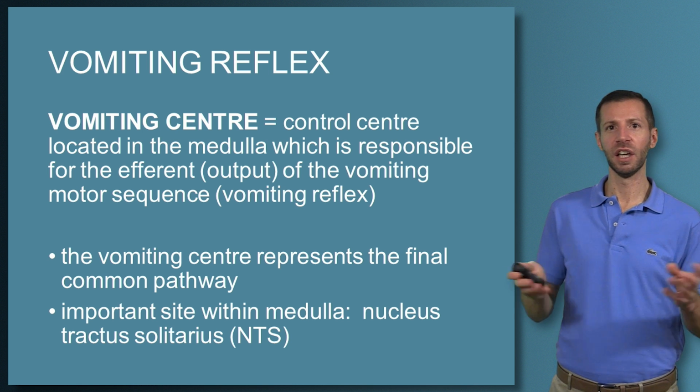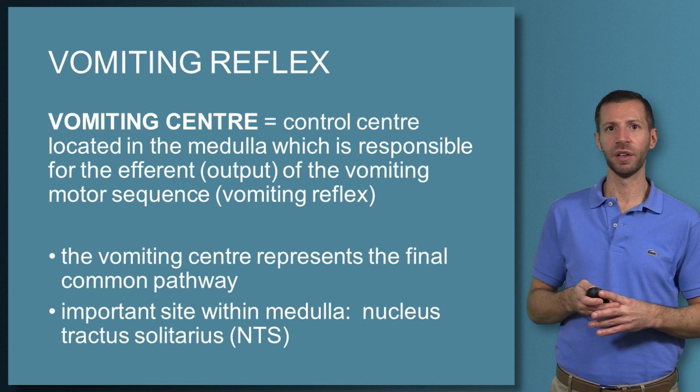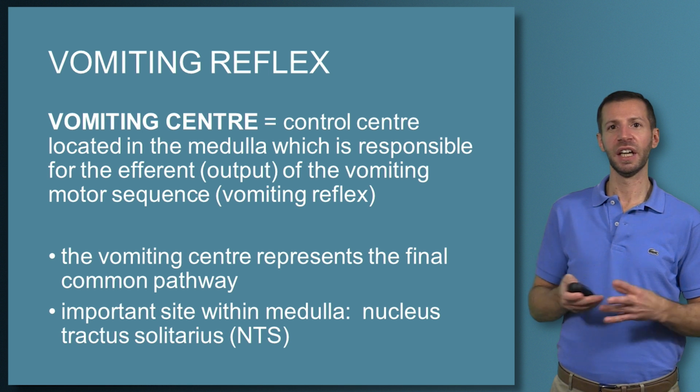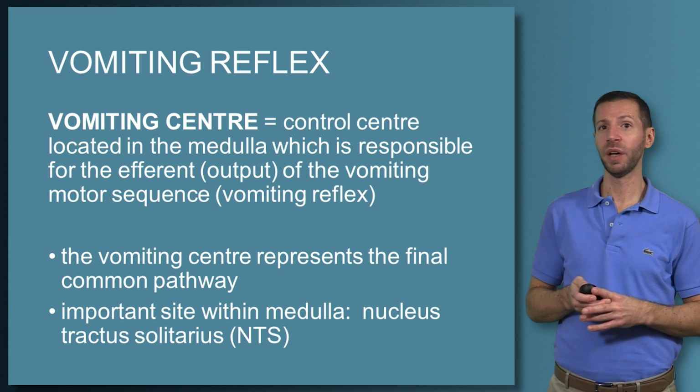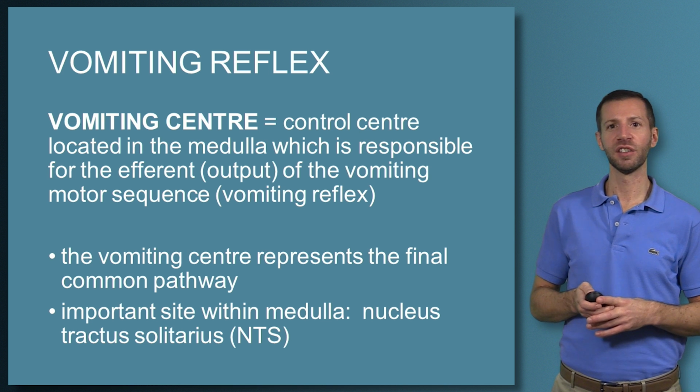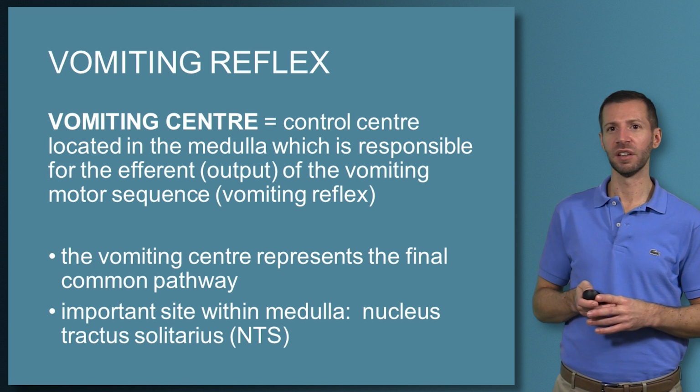So again, all the inputs come to here, and then all the outputs go out of the vomiting center. That is the crux of the vomiting reflex. In the end, it represents the final common pathway of all the inputs that can cause vomiting. And it's located in the medulla within something we call the nucleus tractus solitarius. This is just for you to be aware of this location.